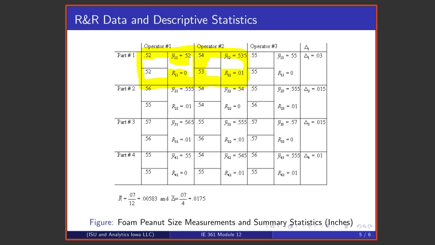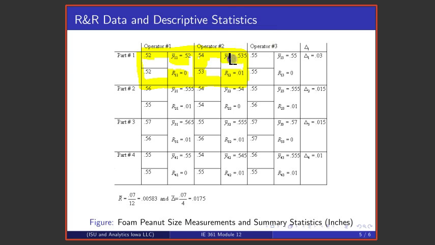And that non-zero range is indicative of so-called repeatability variation. There's not absolute consistency within a particular cell. There's some kind of basic baseline variation in measurements made using the particular caliper that was involved.